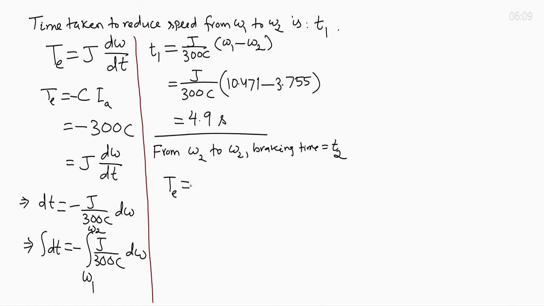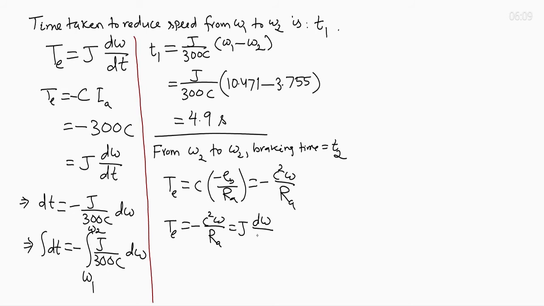So TE is C times minus EB by RA, so it is minus C square omega by RA, and TE equals minus C square omega by RA equals J dω/dt, the inertia torque. So dt is minus J RA by C square, dω by omega.